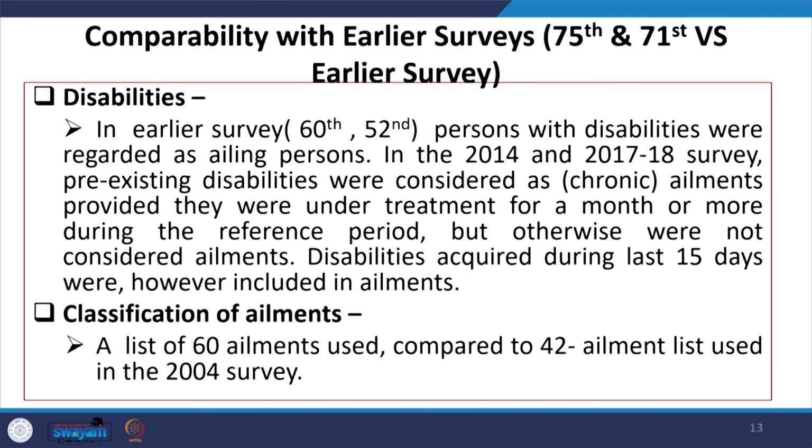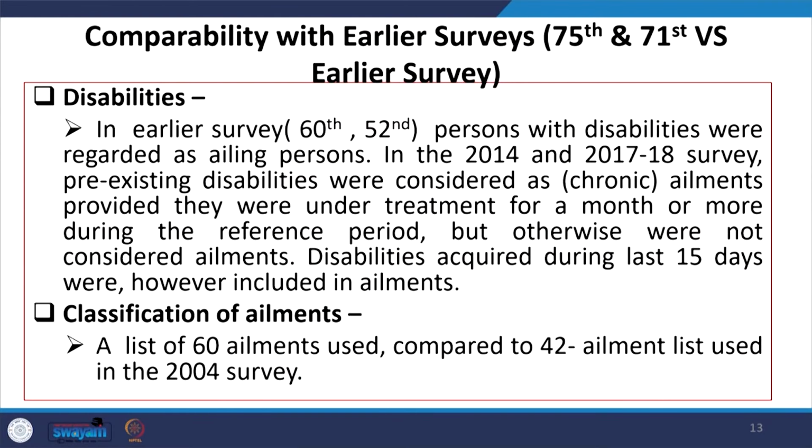So, it is very clearly mentioned, especially during the survey, if persons who had pre-existing disabilities are in consultation and that consultation carried forward for a month or more during the reference period of the survey, those are considered as the unit of analysis as ailing persons. But otherwise they are not considered.